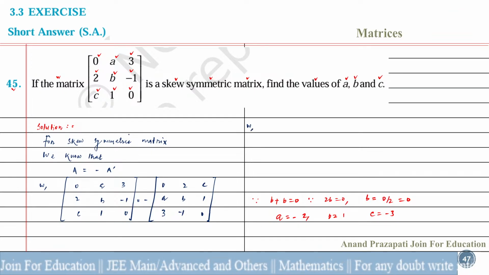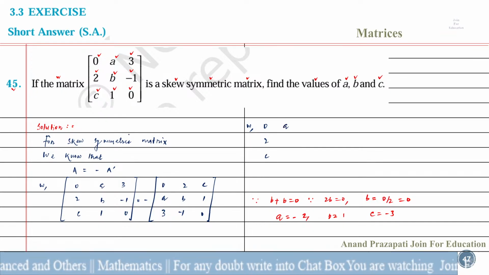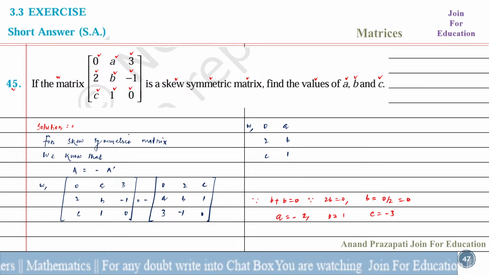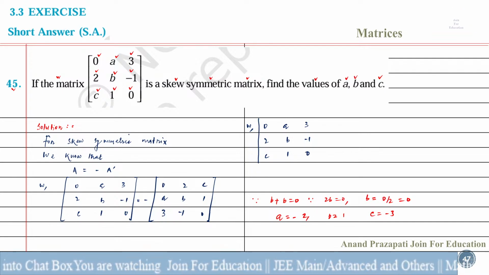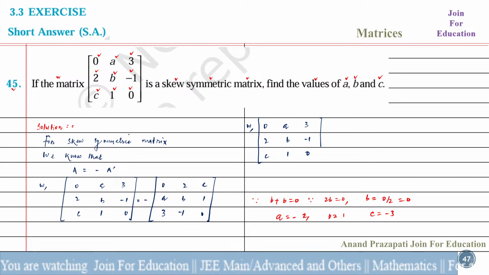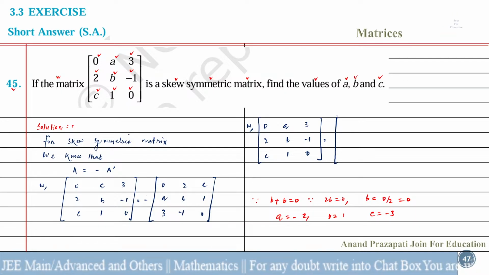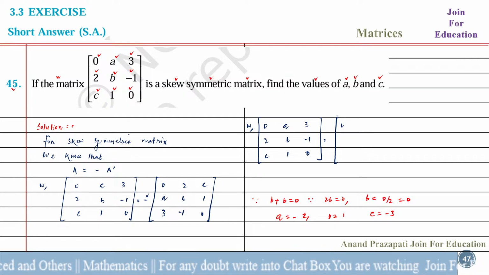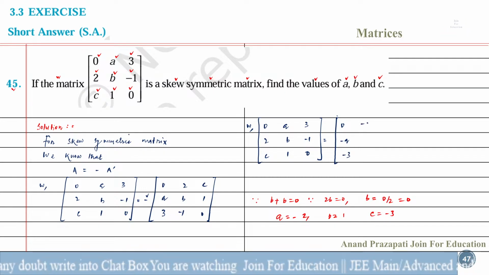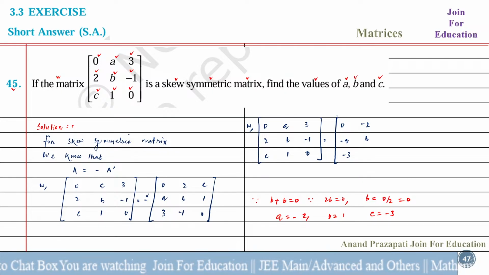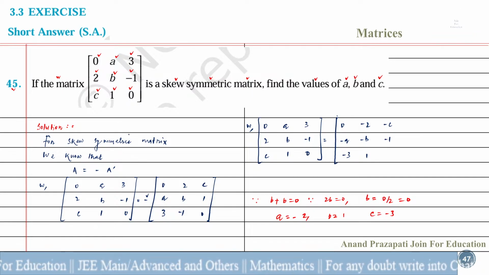So the next step will be 0, 2, c, a, b, 1, 3, minus 1, 0 equal to, multiplying each term by minus 1, we get 0, minus a, minus 3, minus 2, minus b, and this one will be 1, minus c, minus 1, and this one will be 0.